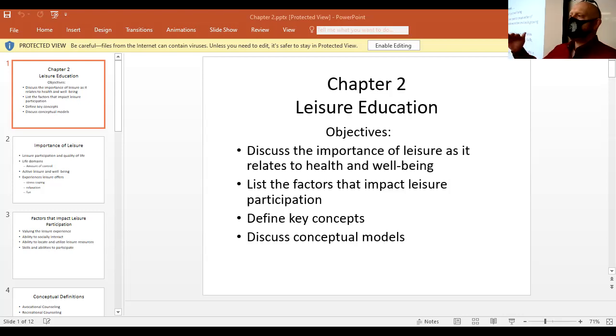Basically, none of the models we went over today are wrong, and not one of them is absolutely right. These are all conceptual models, and there are parts of all of them that have merit. You can draw pieces from each one.